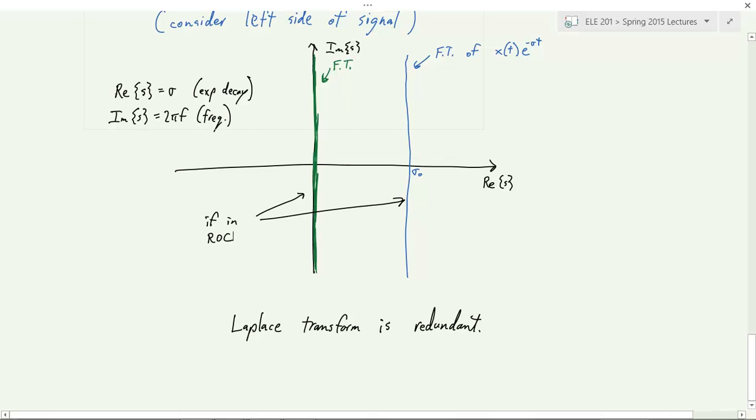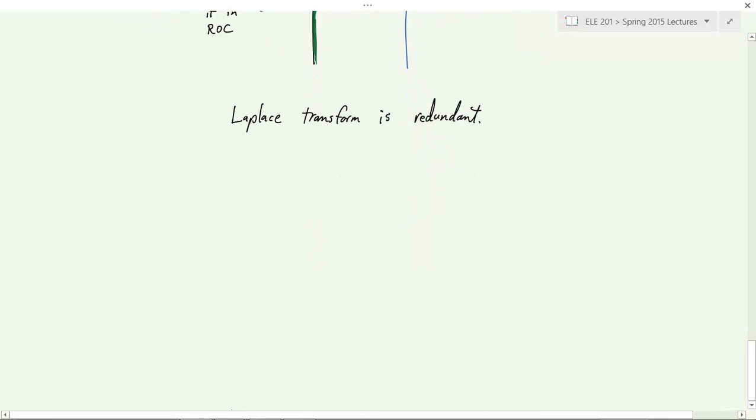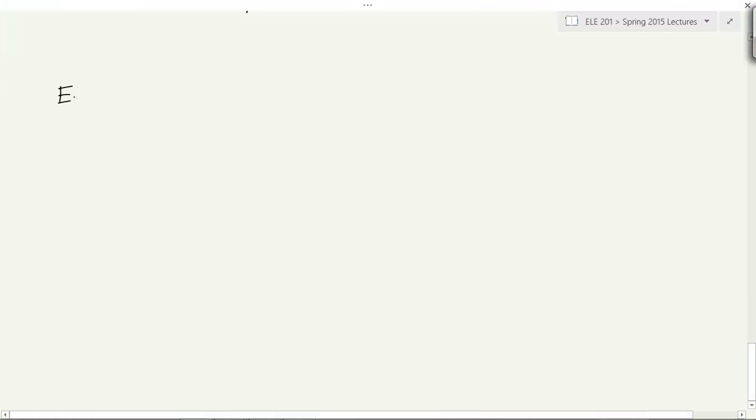Now, let's do another example, which I can actually do a 4-dimensional plot for. So that'll be fun. Let x of t equal rect of t. If we were doing the Fourier transform, we would get sinc of f. But let's now do the Laplace transform.